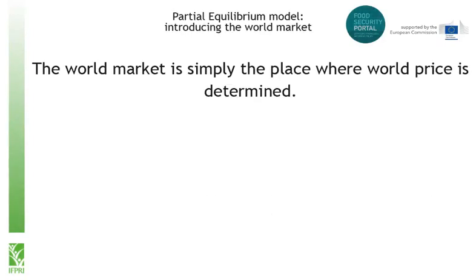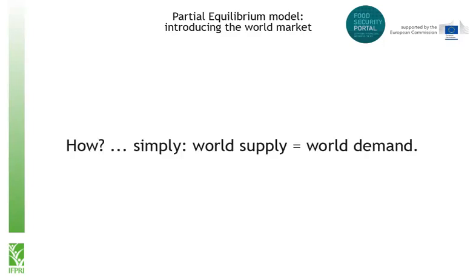So let's now present how we model the world market. In fact, we simply say that the world market is the place where the world price is determined. So you remember that this is something that I mentioned earlier in another lesson, that we can have determinations of price by an equality between supply and demand.